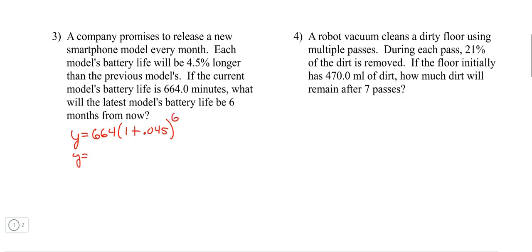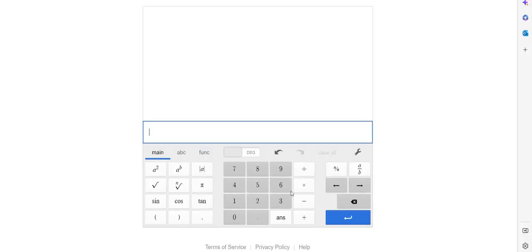So y equals 664 times 1 plus 0.045 is 1.045 to the 6th power. Now here's our equation. Now we just need to punch this into our calculator. So we have 664 times 1.045 to the 6th power.